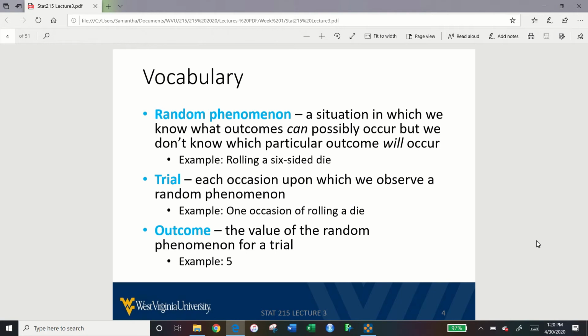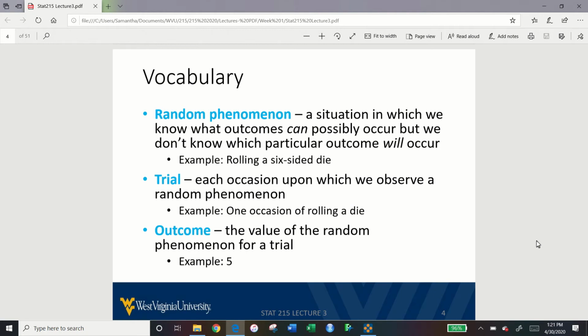A trial is each occasion upon which we observe a random phenomenon. So, for example, it's one occasion of rolling a die or one card being selected. That is a trial. The outcome is the value of the random phenomenon for a trial.